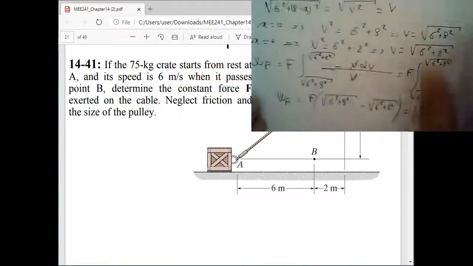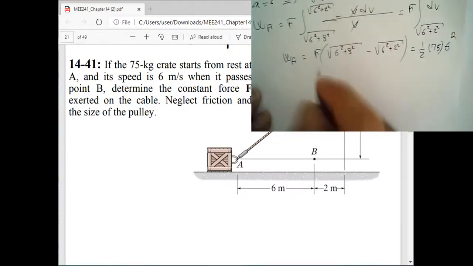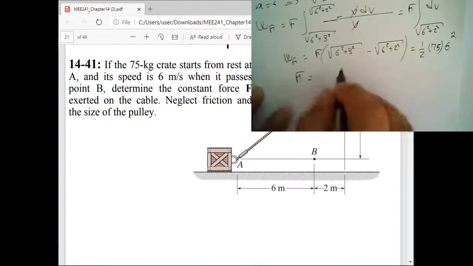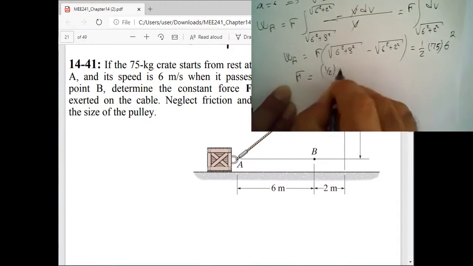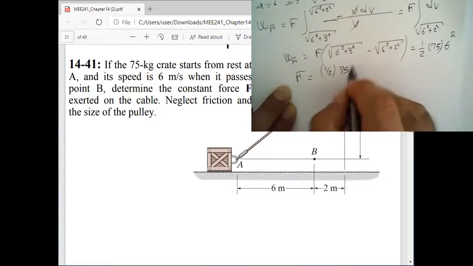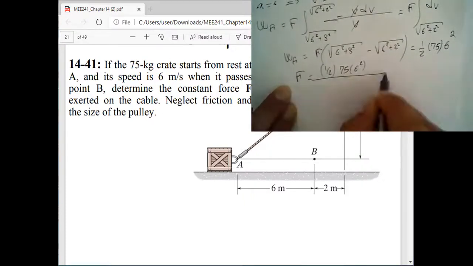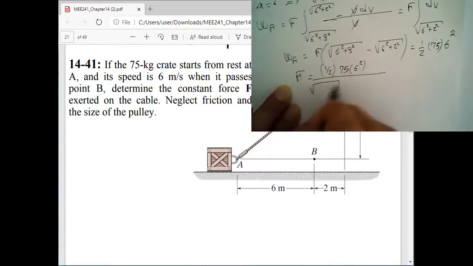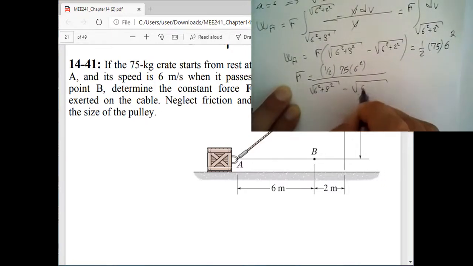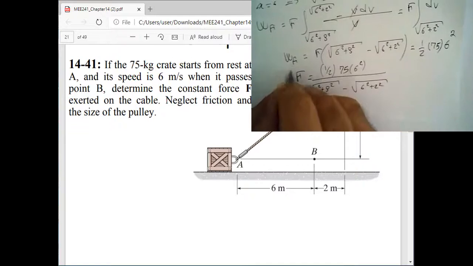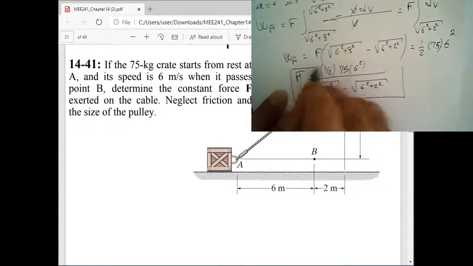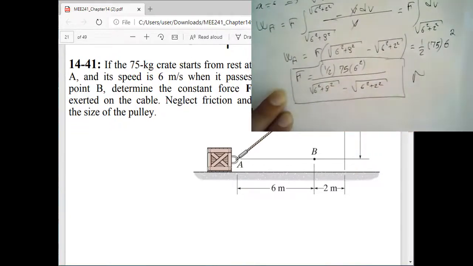So here you go. We can find the value of our force, which is equal to 1/2 times 75 times 6 squared divided by the square root of 6 squared plus 8 squared minus the square root of 6 squared plus 2 squared. But you guys do the rest here. This force has to be in newtons.